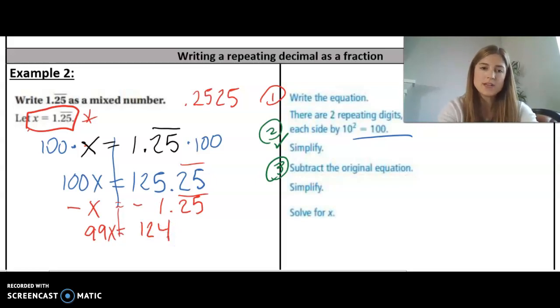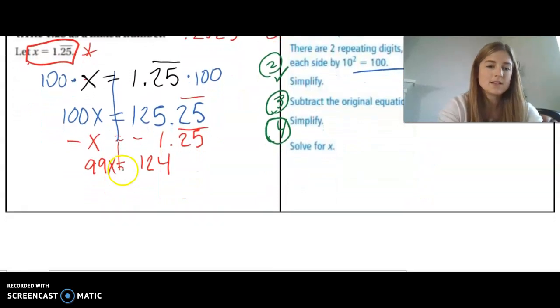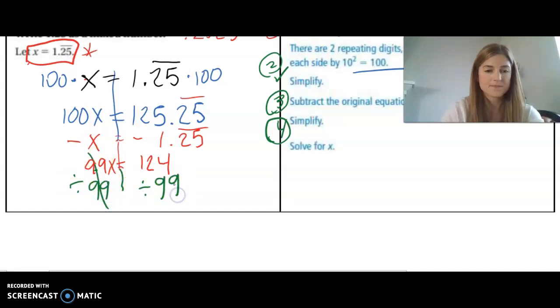Okay, so now we're going to simplify. This is step 4, to solve for x. To get x by itself, because that's what we're solving for, I need to divide both sides by 99. Do not worry about doing 124 divided by 99.